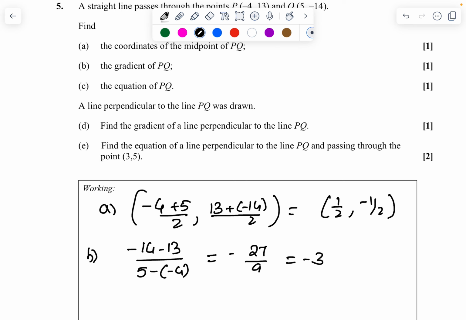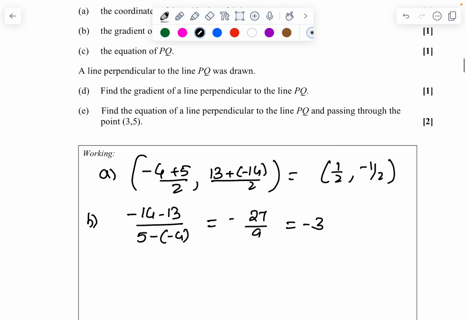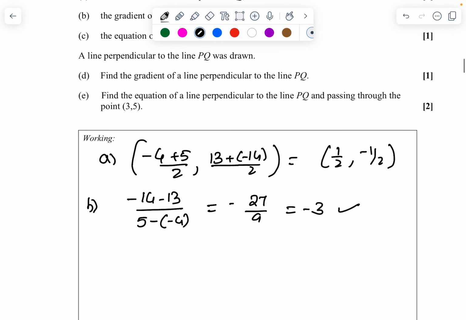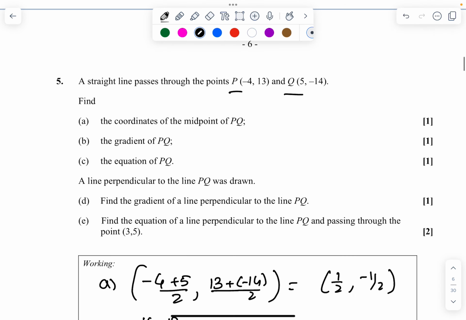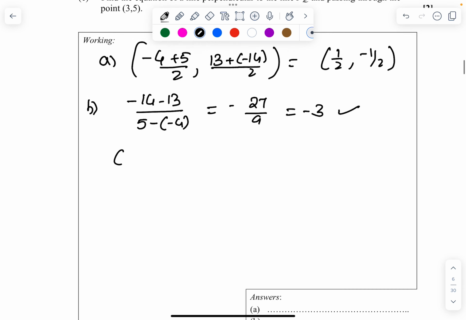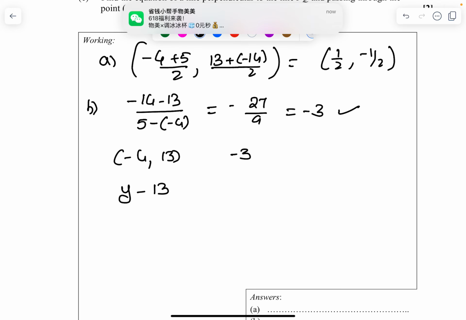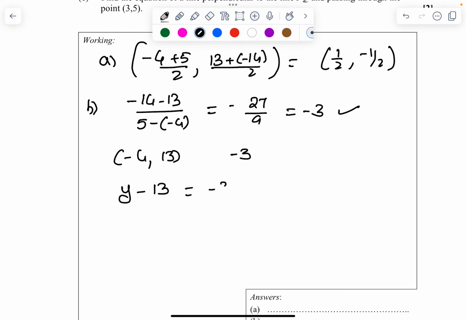Find the equation of PQ. So we know the gradient and we know any one point. I'll take the point P, minus 4 comma 13, and the gradient, negative 3. So y minus y1 equals m times, negative 3 times, x minus x1, minus of minus 4.